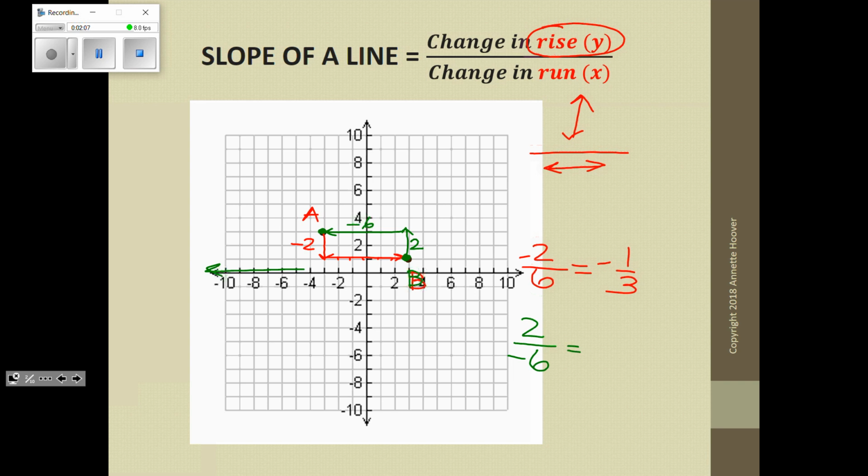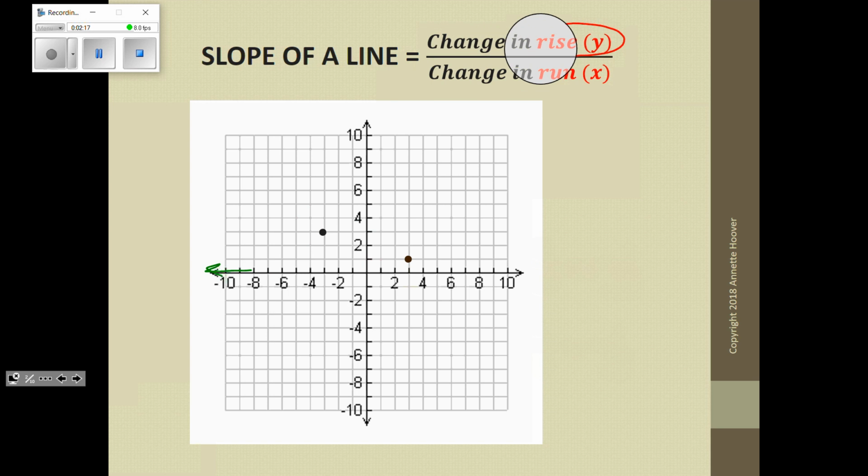So still, it is a -2/6, which is a -1/3. So don't be concerned about which point you start at. It doesn't matter, you're going to end up with the same slope, but you want to do the rise on the top and the run on the bottom, the up or down on the top and the left or right on the bottom.